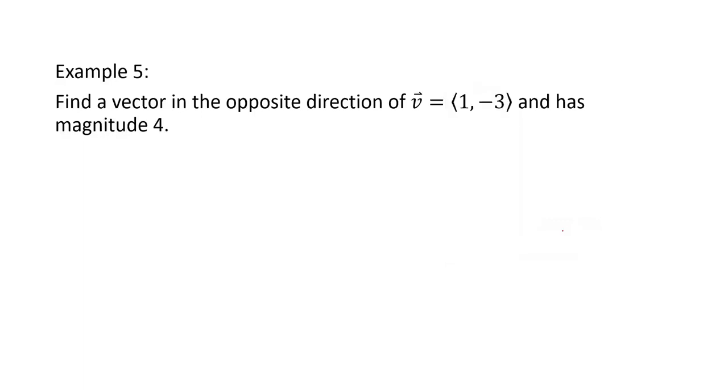So for this problem, one thing that's different from the unit vector is that we need the magnitude to be 4 instead of 1 now. How do we make a vector have magnitude 4? Well, it's really simple. We just multiply that unit vector by 4, because this unit vector always has magnitude 1 by definition.